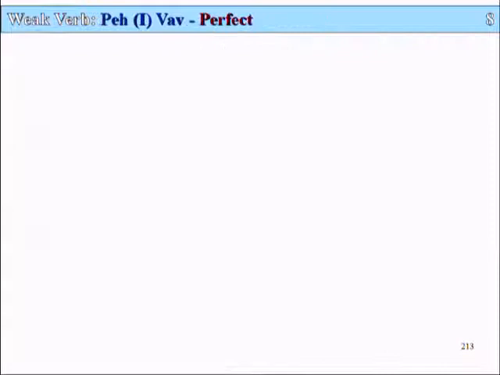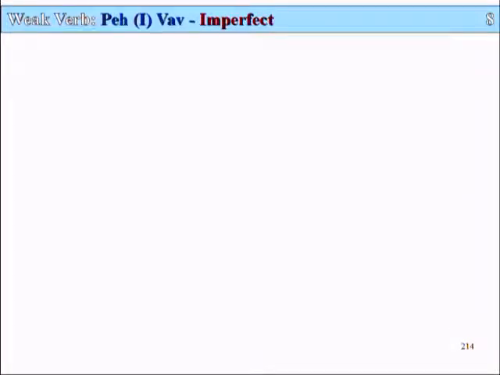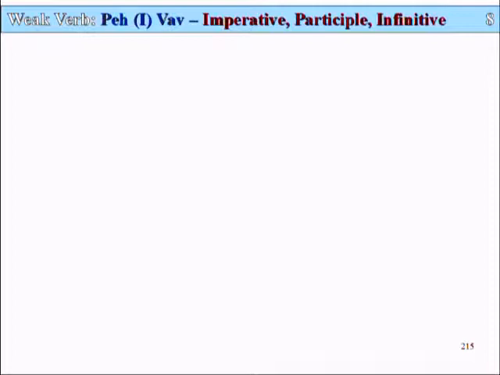On slide 213, the Pe Vav perfect. On slide 214, the Pe Vav imperfect. On slide 215, the Pe Vav imperative, participle, infinitive, etc.